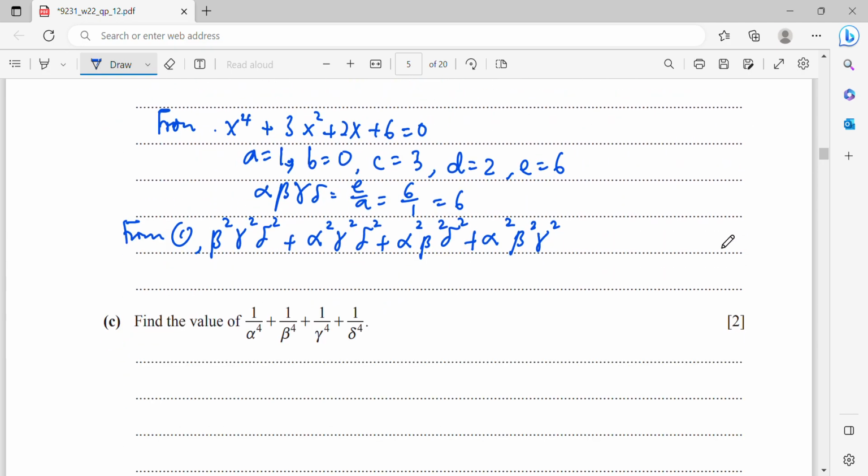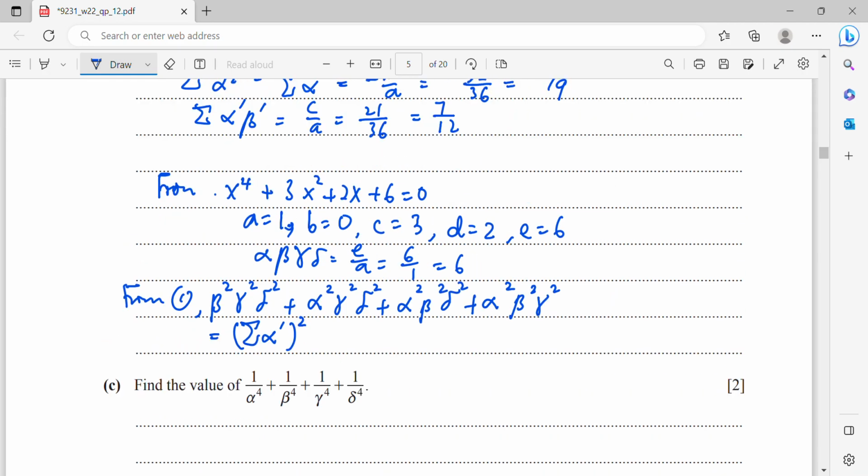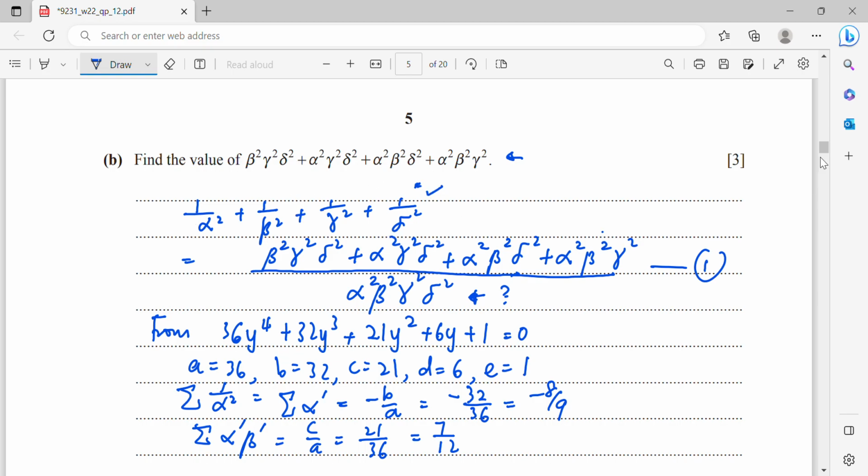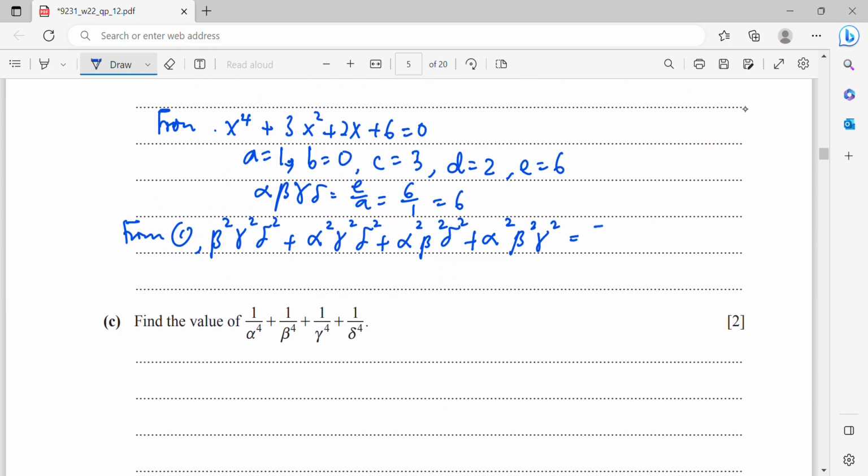So this is the summation squared, sigma 1 over alpha squared multiplied by alpha, beta, gamma, delta squared.